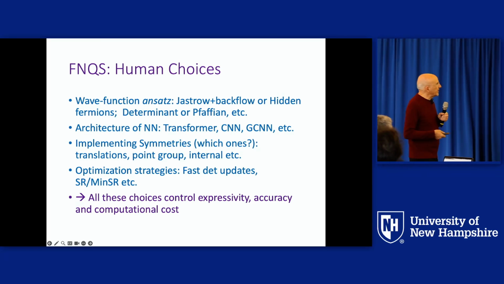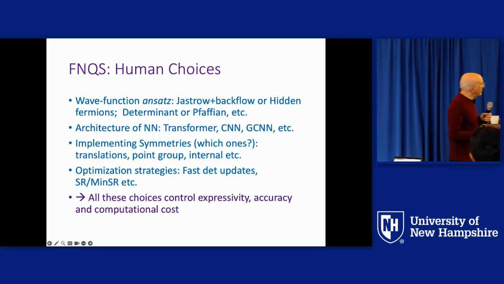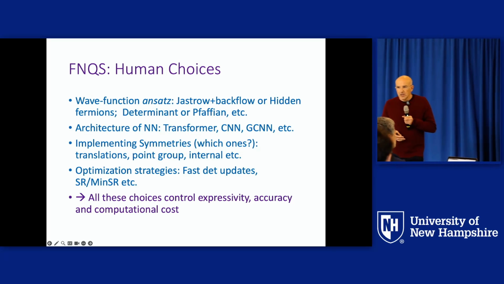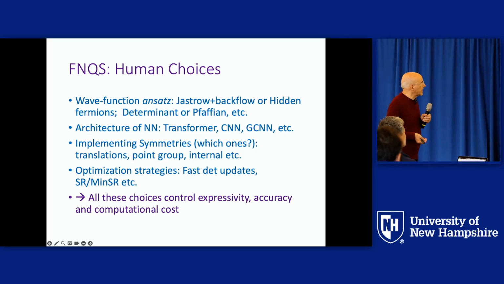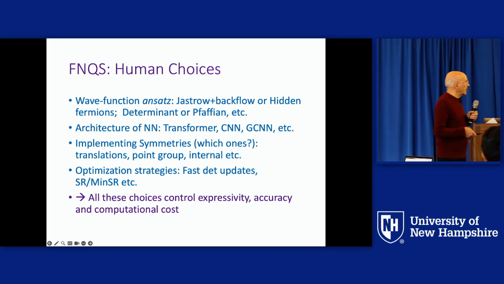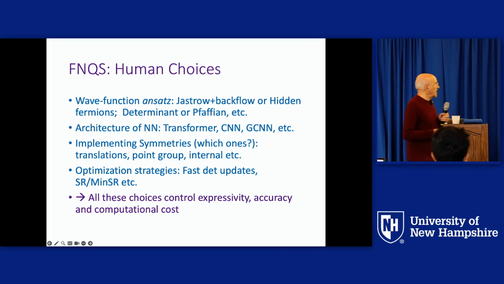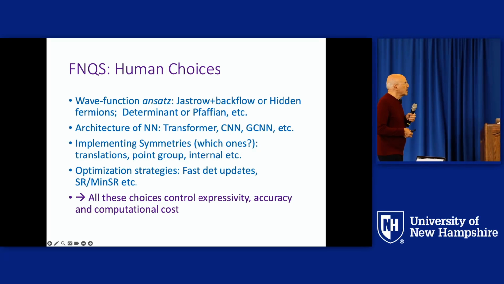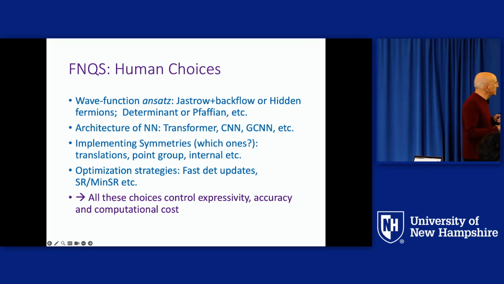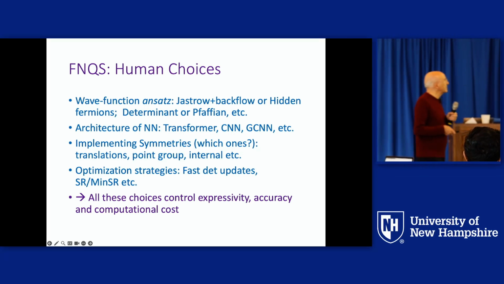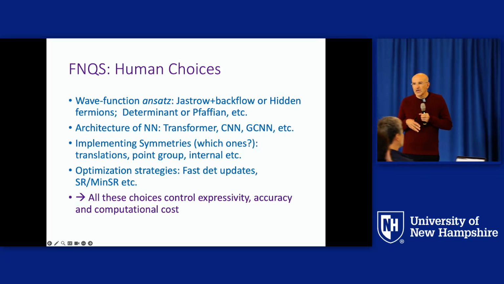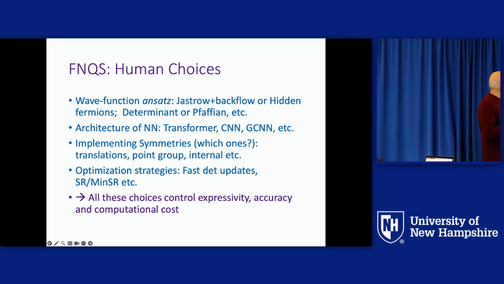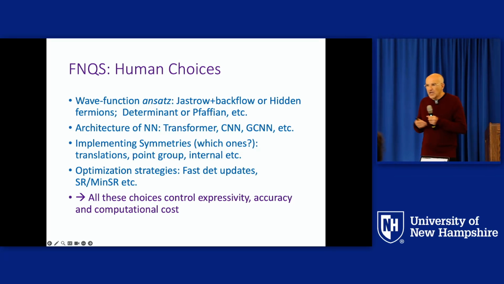Because if you don't pay attention, these symmetries can be really costly to implement. And I'm talking about translations, but also symmetries that are not necessarily commuting, like all the internal symmetries, point group, and so on. And then finally, improving and finding the optimal optimization strategy, and that comes with, for example, fast determinant updates, min-SR, and so on and so forth. So all these choices will control many things in your results. It will control the expressivity of the wave function, the accuracy of your results, and the computational cost.